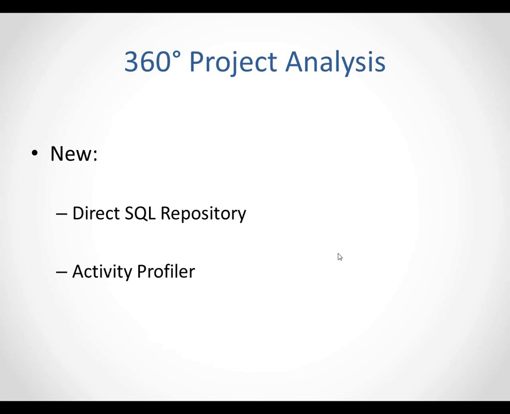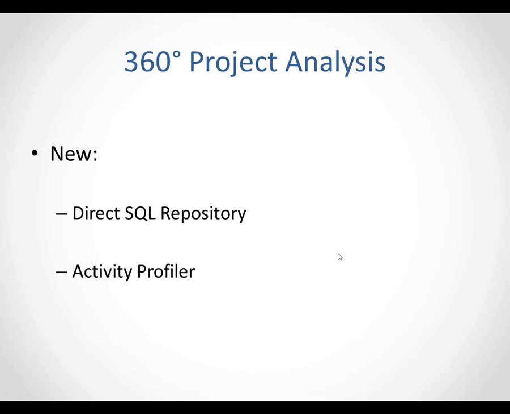But the new features, the reason version 8 has gone into a more analytical direction, are Direct SQL Repository and Activity Profiler. Direct SQL Repository is very simple, as the name says.